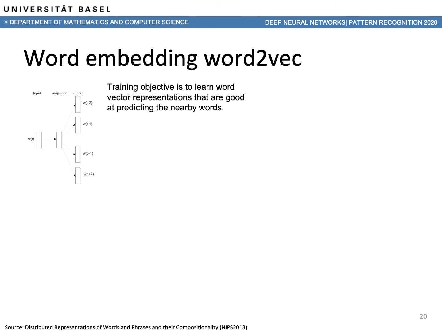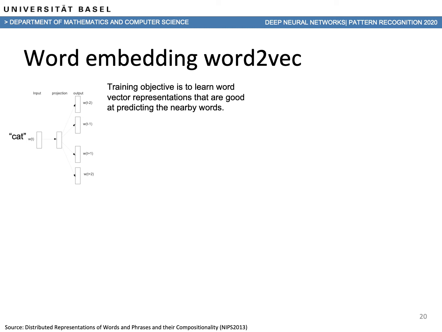One way of embedding a word is using what is known as word2vec, or word to vector. This was originally introduced in the paper Distributed Representations of Words and Phrases and Their Compositionality. The training objective is to learn word vector representations that are good at predicting the nearby words.